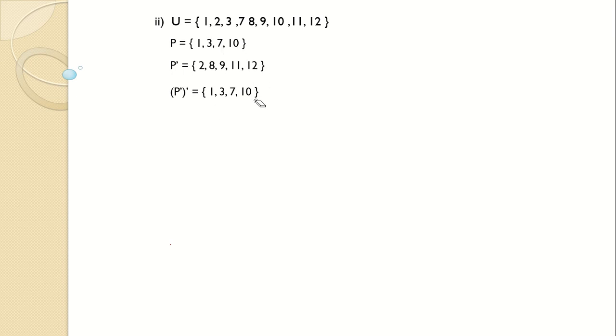So elements of both P and P complement are same. So we can say P complement is equal to P.